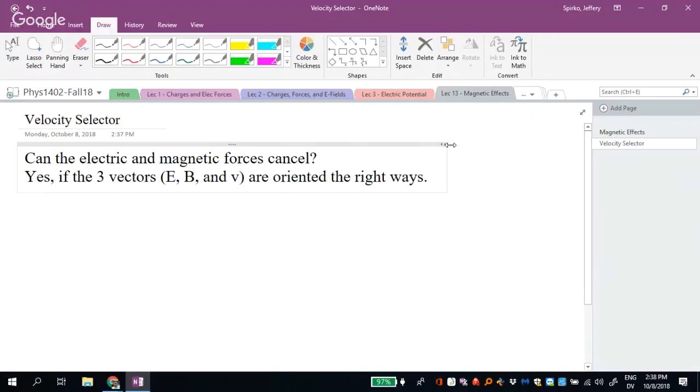And we can do this if the three vectors involved in the situation, that's the electric field, the magnetic field, and the velocity, are all pointing the right ways.